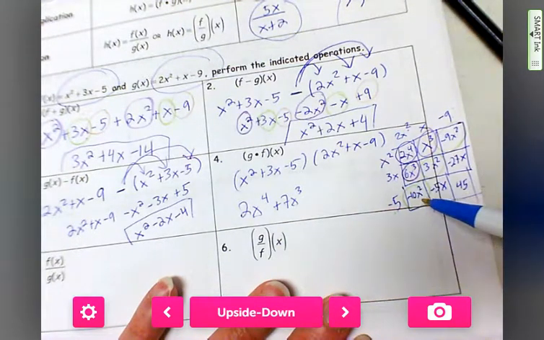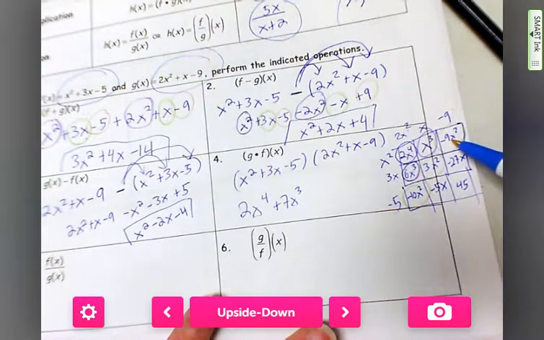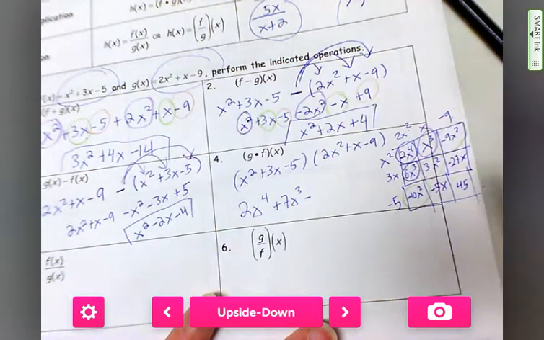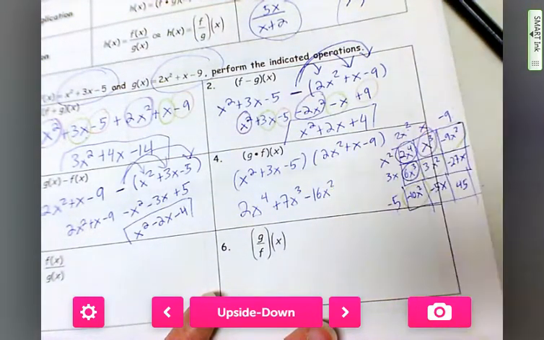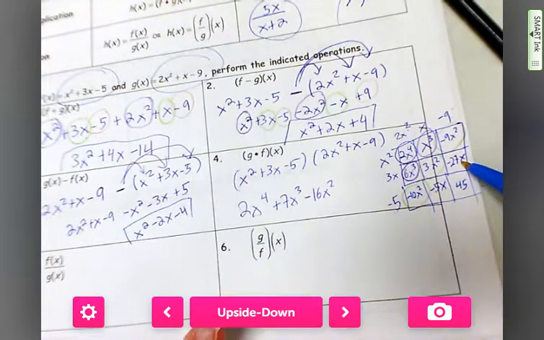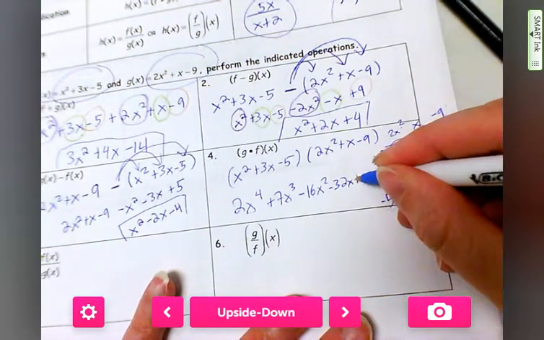Negative 10x squared plus 3x squared is negative 7x squared. Negative 7x squared minus 9x squared is negative 16x squared. Okay? And then negative 5x and negative 27x, so 27, 28, 29, 30, 31, 32. Negative 32x. And then we have plus 45.